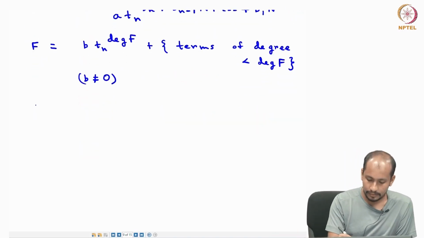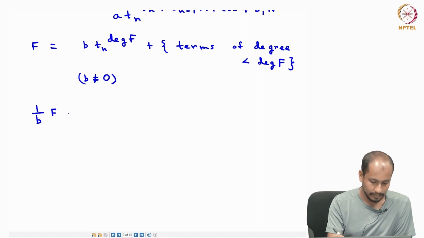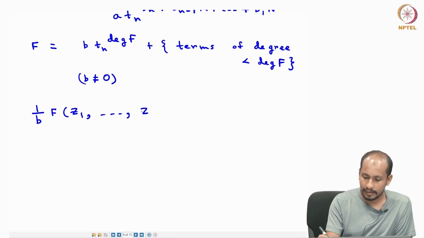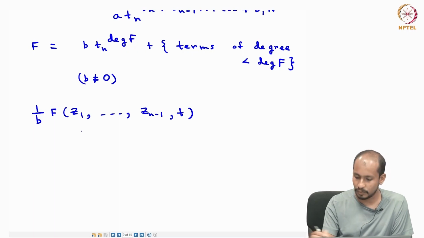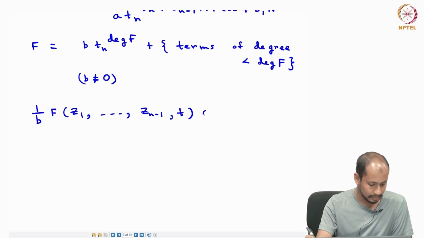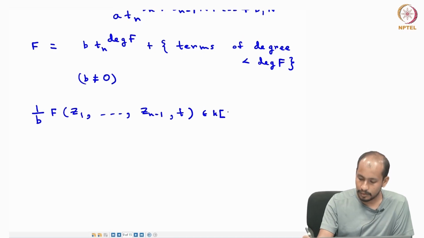Then we get 1 by b times F, when we evaluate at z1 up to zn minus 1 comma t, if we consider this as a polynomial in one variable whose coefficients are from K[z1 up to zn minus 1].